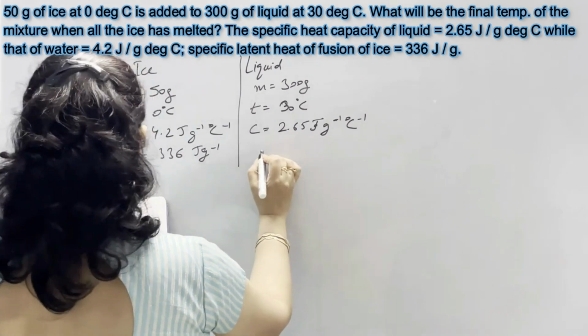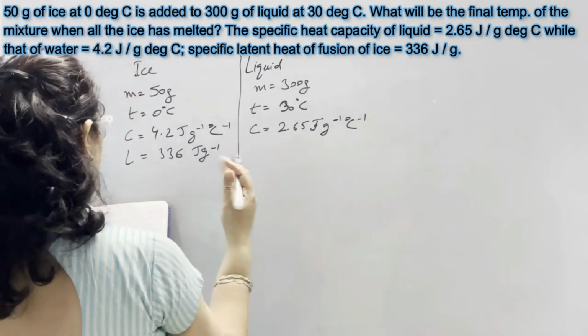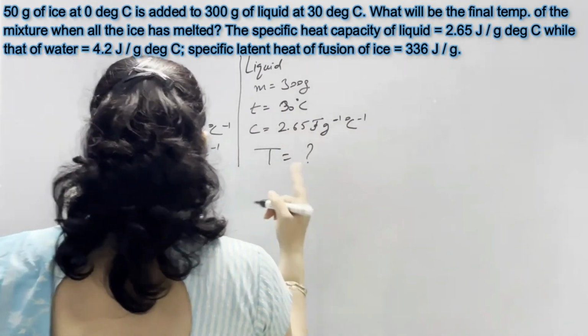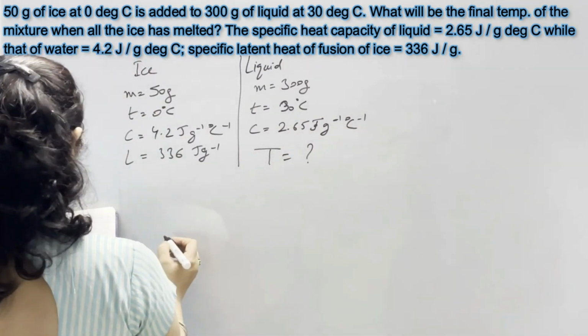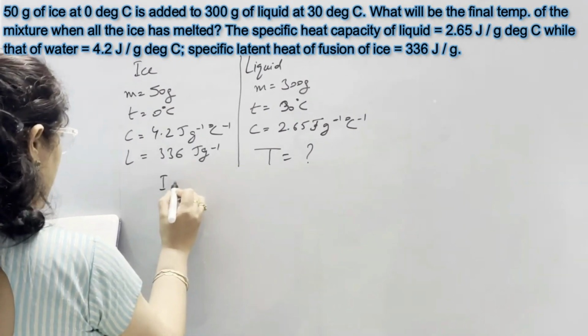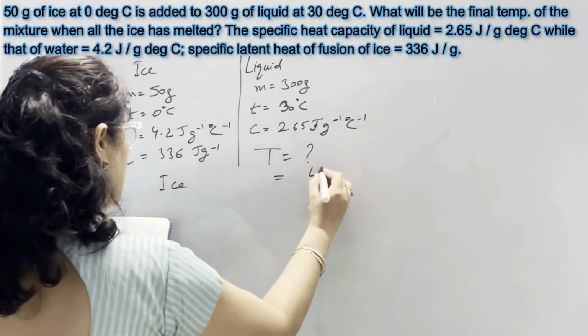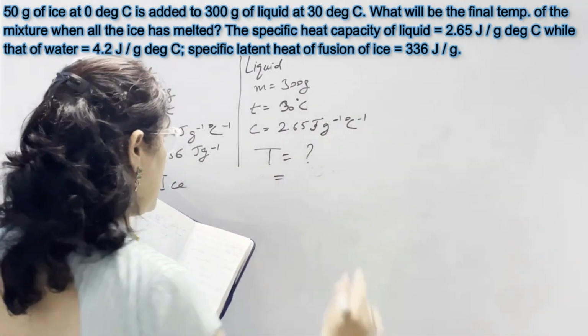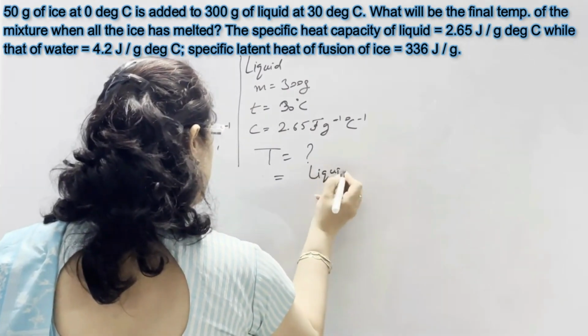And T we need to calculate. When all the ice is melted, calculate the final temperature. In this question, this we need to calculate. Now, heat energy taken by ice is equal to heat energy given by liquid, not water, given by liquid.